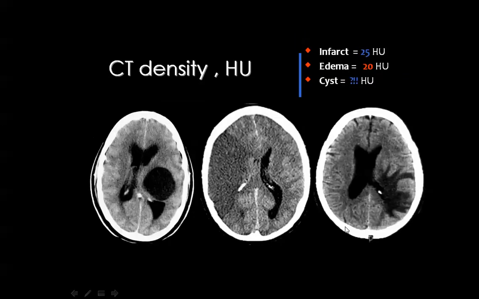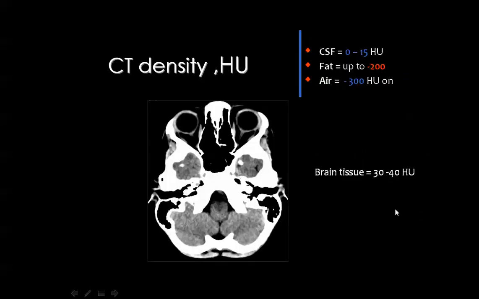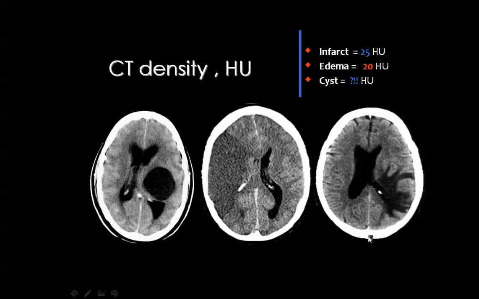Then if you look here at this CT scan, you can easily identify that air is black or hypodense. The fat in the orbit is also black or hypodense. Then the CSF in the cisterna magna, for example, or the prepontine cistern appear black or hypodense because of its attenuation value.